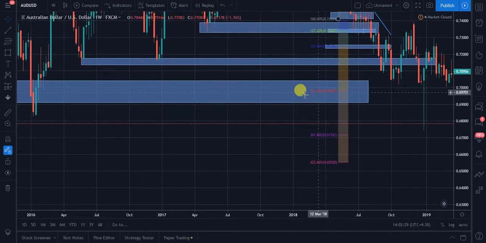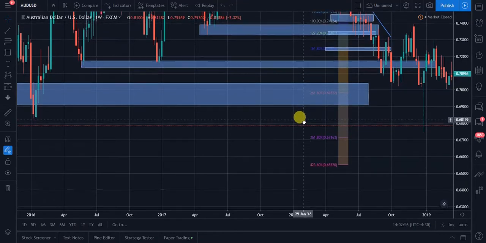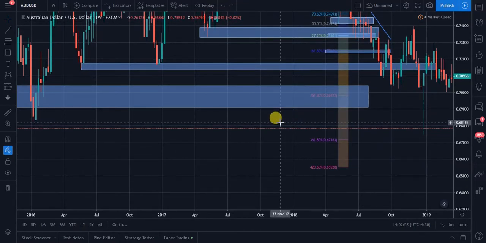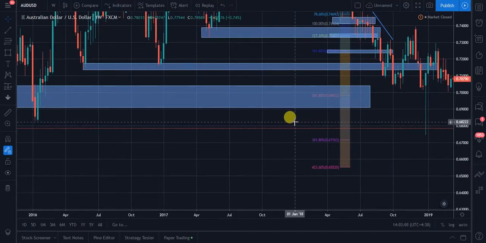But these last three numbers, for example this one, this one, and this one, are not really common in using profit targets or price action. But these numbers are very common for harmonic patterns. If you want to understand what harmonic patterns are, I will show you in other videos.